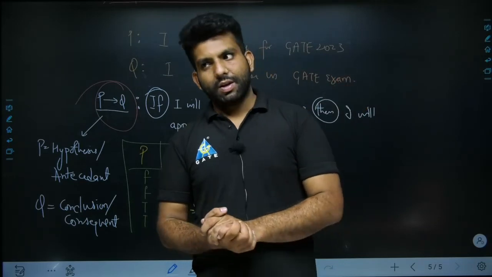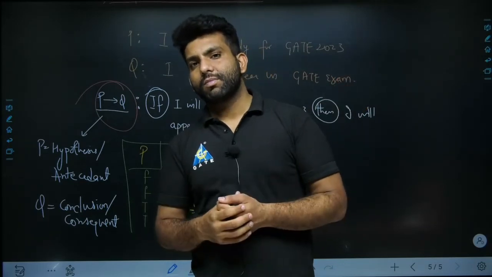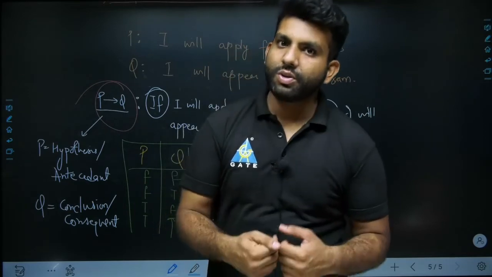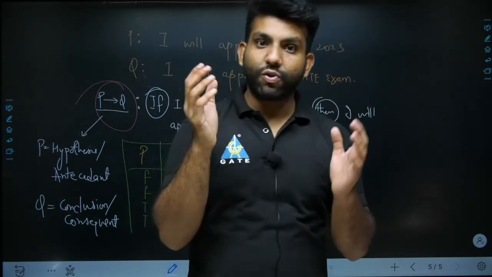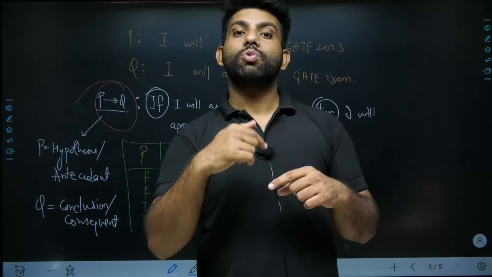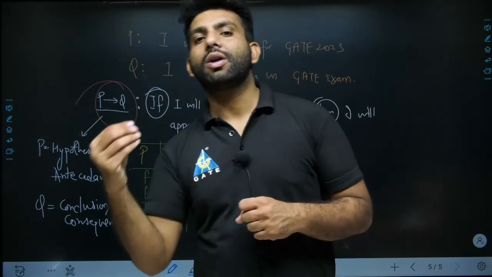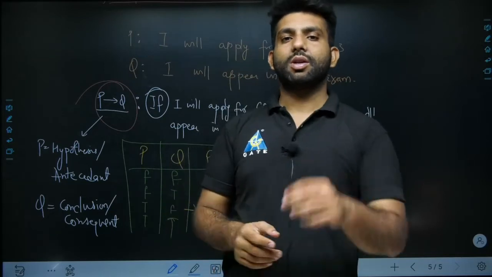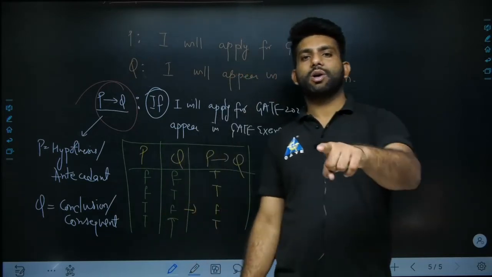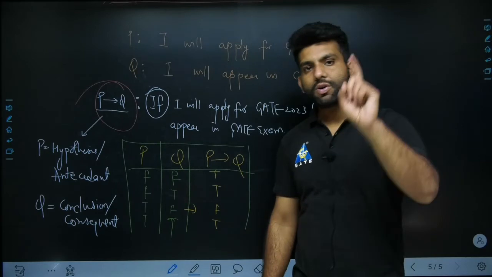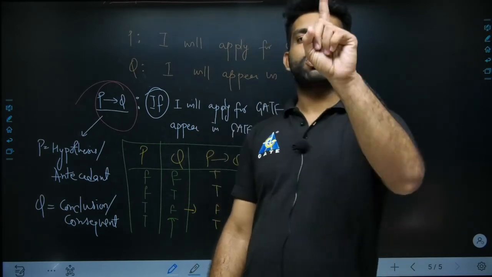Can you conclude I was wrong? To conclude that I am wrong, first of all, you have to fulfill the prerequisite. What was that? That you have to work hard. And if you work hard and you could not get through the GATE, then you could say, sir, you were telling me if I work hard, I'll get through the GATE. But I worked hard, I didn't get through. That means you are wrong.